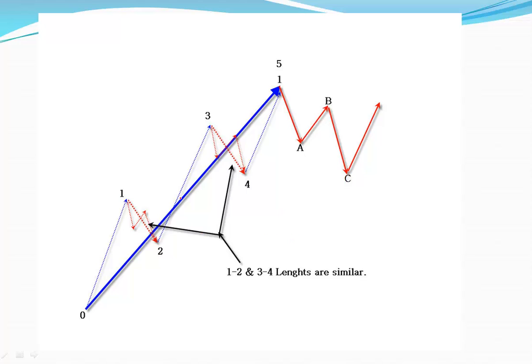Okay, now remember what we talked about in a prior class where we had the A to B, C to D. Essentially 1 to 2 and 3 to 4 are typically similar. So if this is 20 points down, this one will be around 20 points also, give or take.